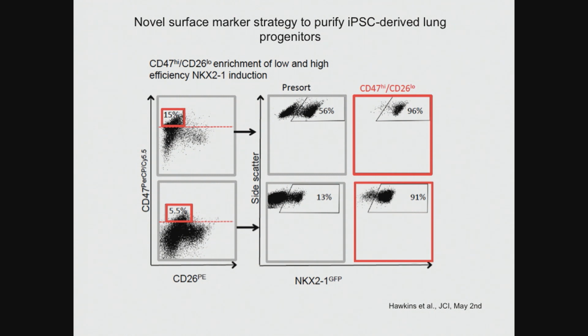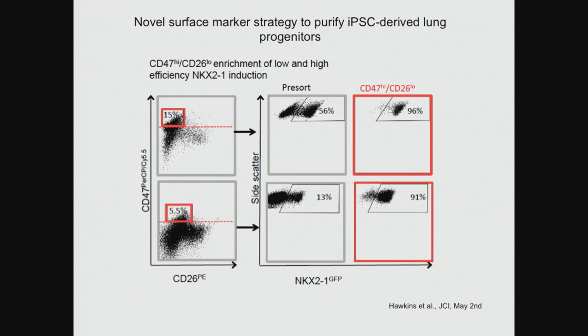And so it's CD47 and CD26 that are the two surface markers that we found. And this is just showing you, if I just show you this column first, these are two different differentiations. Here you've got NKX2.1 GFP, and you can see that this was a pretty low efficiency run. Only 13% of the cells were NKX2.1 positive, where this was better, but still not a pure population, 56% of the cells.